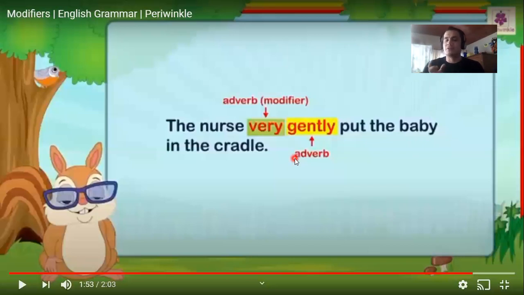You see that the nurse very gently, very, is a modifier adverb, right? It's the modifier adverb that you are going to study today. Put the baby in the cradle. Puso al bebé en la cuna. You see that? Cradle, right? It's important that you pay attention to all the examples about this, right?